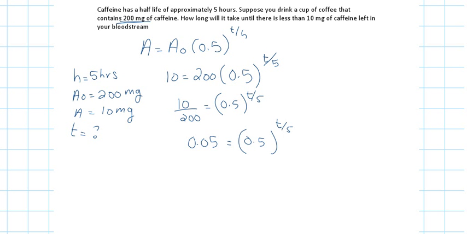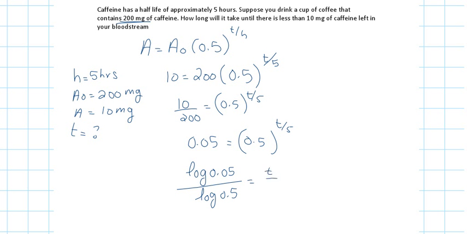Now, what do you want to do? I have to do a log, right? Because right now, all what I have is my bases. Okay, so log of what? 0.05 divided by log of 0.5 equals T over 5.